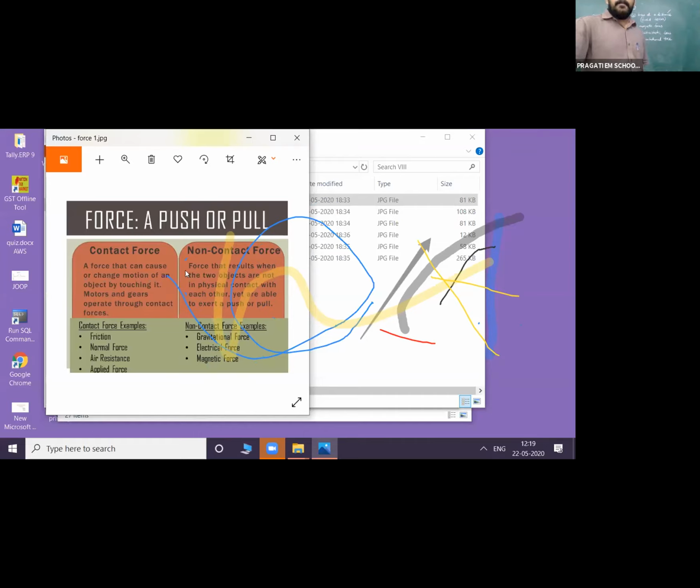And again you can see this side, non-contact force.